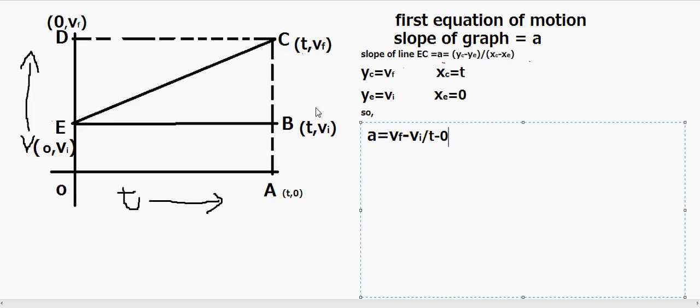So what we get is a equals Vf minus Vi over T, because T minus 0 is T. As T is dividing here, it will go to the other side of the equality and multiply with a. This will give you aT equals Vf minus Vi.